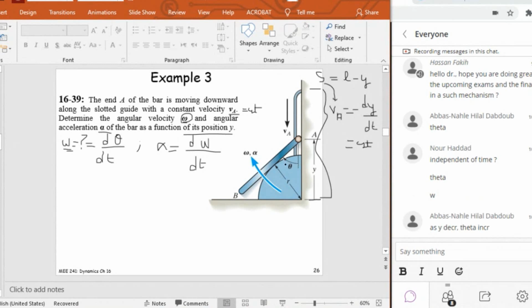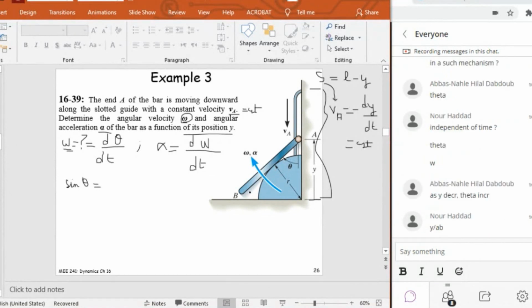What is sine theta? Sine theta is r, which is constant, since this is a portion of a circle, over y. So here I have the relation between theta and y.